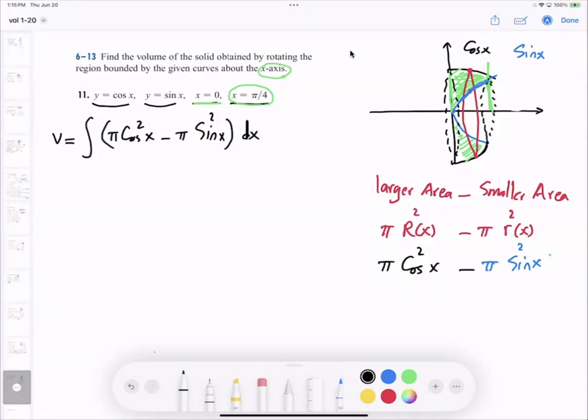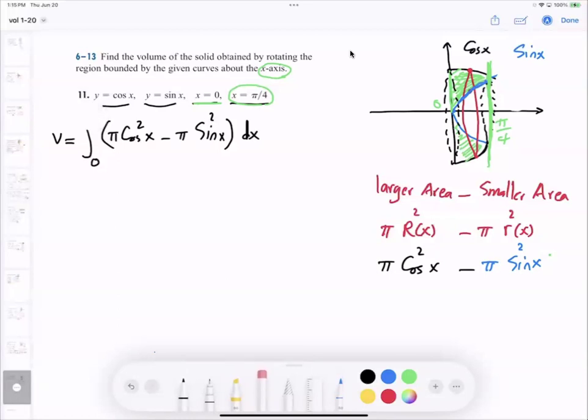My x ranges between 0 and pi over 4. This is given in the question to me. So the lower bound is 0 and the upper bound is pi over 4.